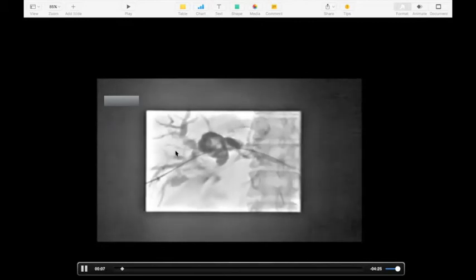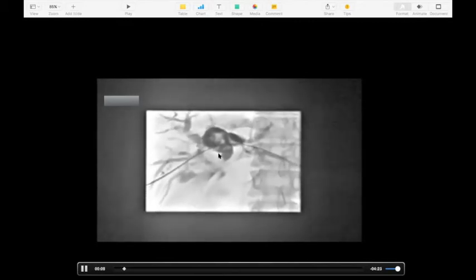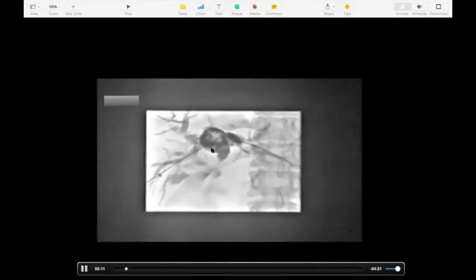This is the PTBD images, and when the cholangiogram was done, the whole intrahepatic ducts were filled with stone. This is the cholangiogram going to the jejunum. But the radiologist was not able to do so. What we attempted was a rendezvous via PTBD. This wire was passed into the jejunum, and this is the PTBD catheter.